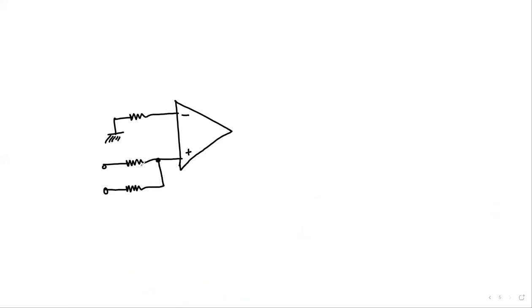Let's have an example for the non-inverting amplifier. So there is a 1K, there is a 2K, there is a 3 kilo ohm, and let's say signal input V1, signal input, this is V2, and we have an output, and a portion of the output is fed back to the input through this resistor, having a value of about 9 kilo ohm.